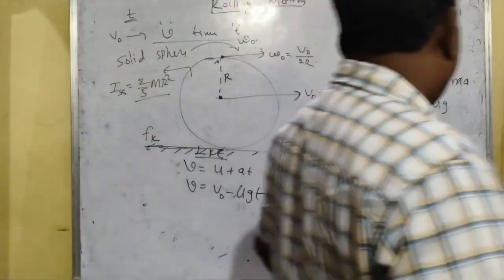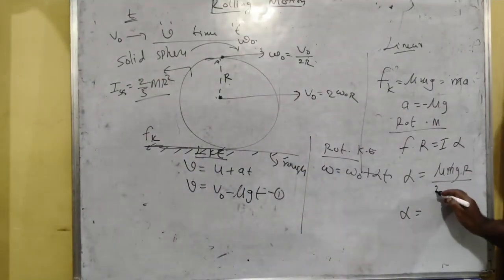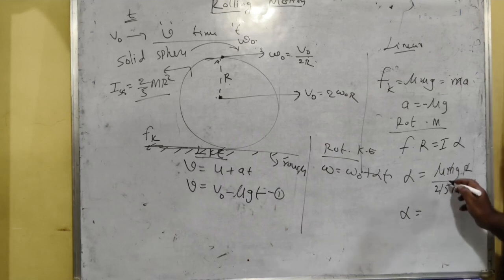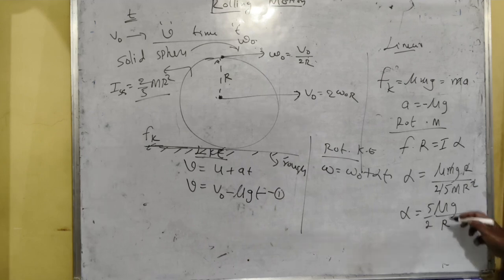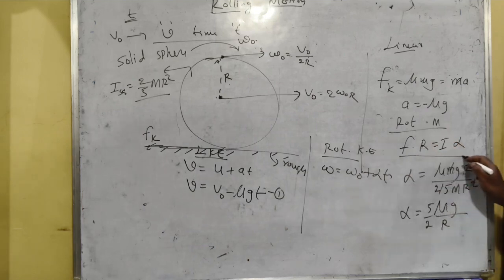So in place of the moment of inertia, if we substitute 2/5 mr square, m cancels, r also cancels, and we get 5/2 mu g by r. This is the alpha value from the rotatory kinematic equations and the rotatory forces.